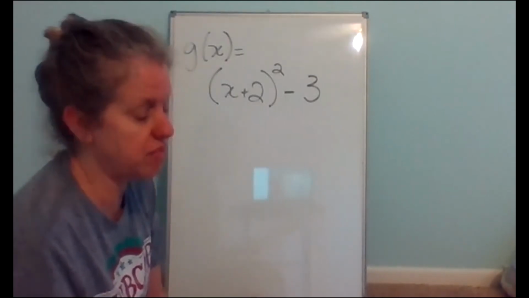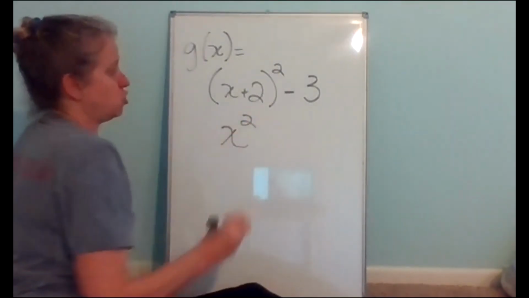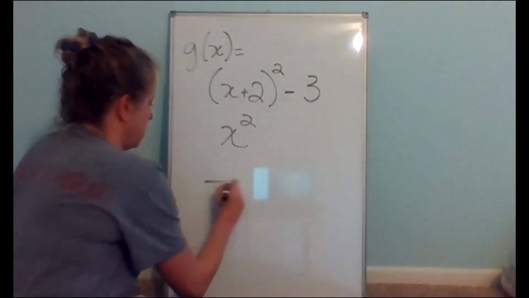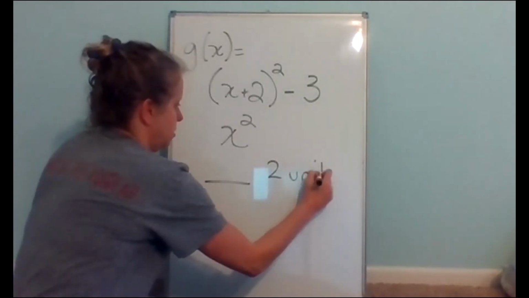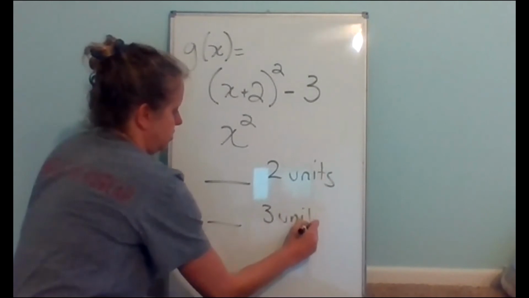So start with the graph of f of x equals. So what's going to be my shape? It's going to start off with the x squared graph. And then it has 2 blanks. It has blank 2 units and blank 3 units.